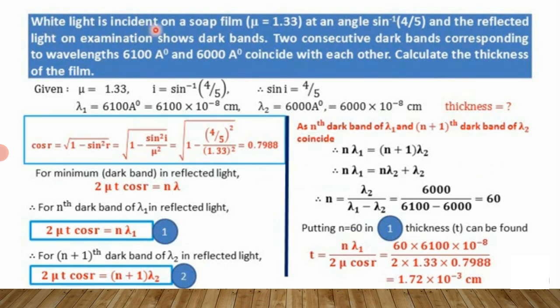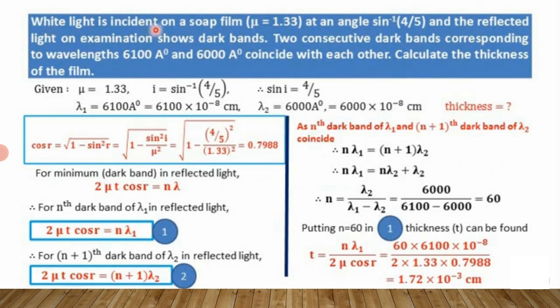So what is given in this problem? Mu, the refractive index of the soap film, is 1.33. The angle of incidence i is equal to sin inverse 4 upon 5. Lambda 1 is equal to 6100 angstrom and lambda 2 is 6000 angstrom, and we have to find the thickness.